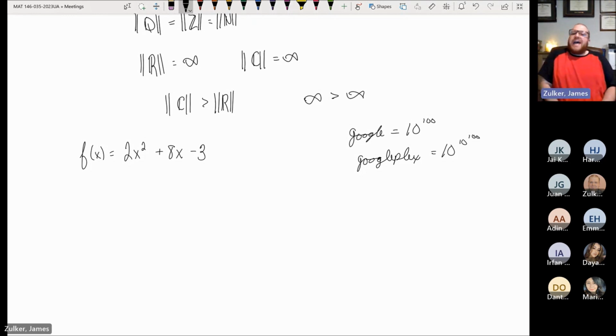When you square that, it becomes even larger, right? What do you think happens if you subtract 3?